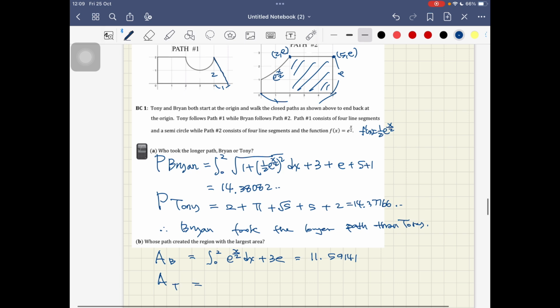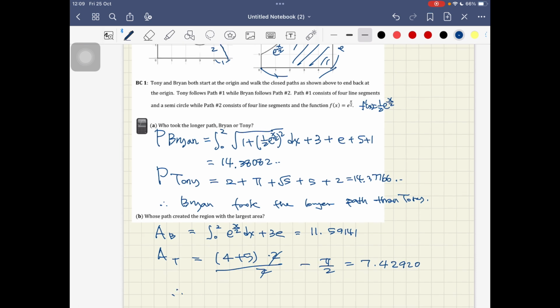So the area of Tony, let me calculate it this way. I'll take the area of this trapezium and subtract this semicircle. So 4 plus 5 times 2 over 2, minus half of pi r squared, so pi over 2. So 9 minus pi over 2 makes it 7.42920.